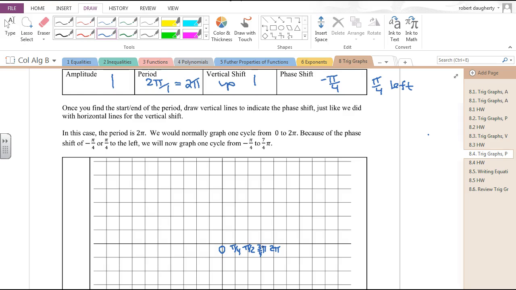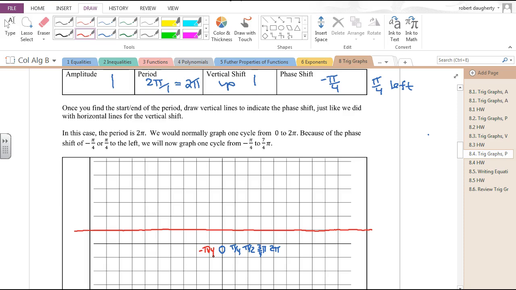So what about the vertical shift? Where is that? At 1. So if I go up 1, and I'm going to draw a horizontal line just like I always did, okay, that's where I'm going to be doing my graph, okay? But now the phase shift tells me this curve has moved where? To the left, how far? Yeah, so instead of starting at 0, it's going to start at negative pi over 4.